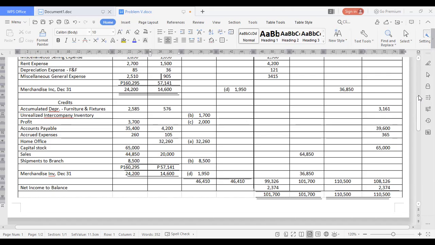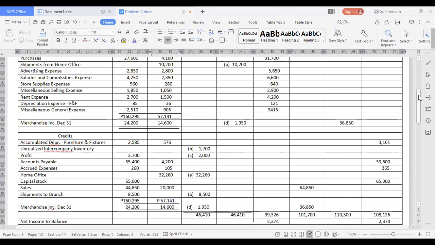In the books of the branch, we have accumulated depreciation, 576, accounts payable, accrued expenses. In the elimination entries, adjustments and eliminations, then we have your home office and sales of 20,000. So the total credits of the branch is 57,141. Okay, so those are your debits and your credits in the books of the home office and the branch.